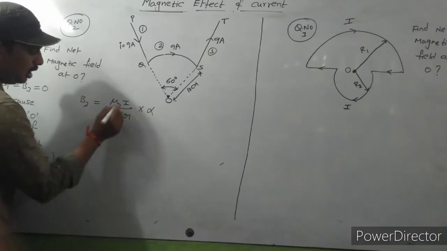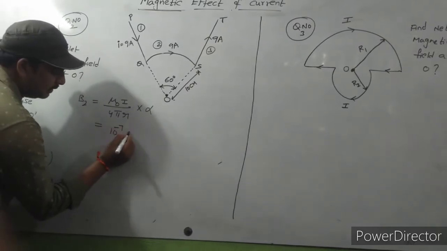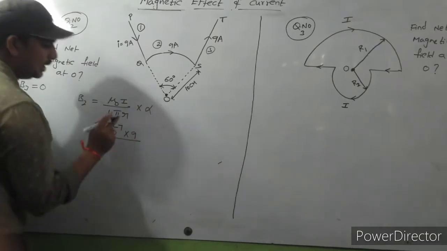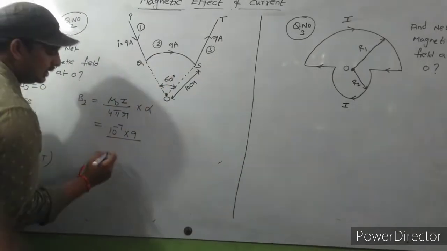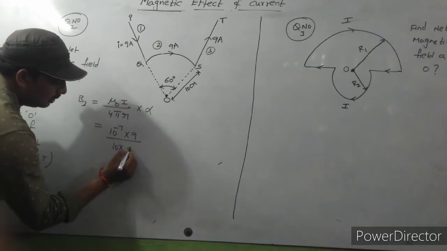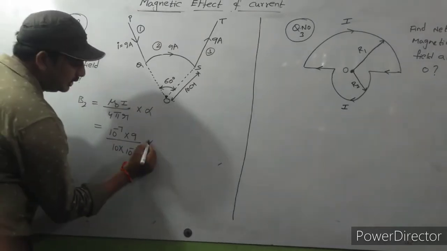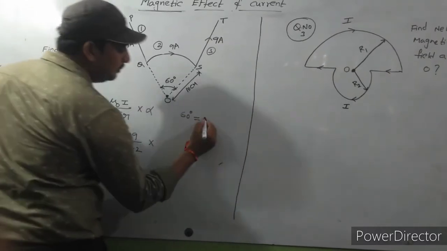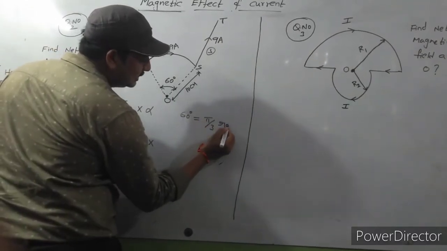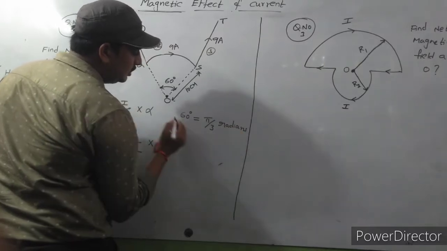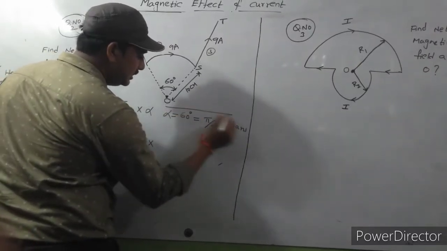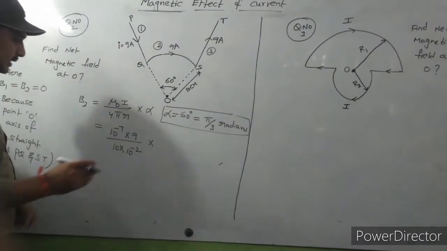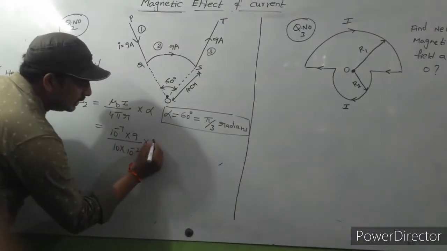Mu naught by 4 pi means 10 power minus 7, into I value, 9 amp, by R value, 10 centimeter, that means 10 into 10 power minus 2. Alpha value is 60 degrees, which is equal to pi by 3 radians. Alpha value must be taken in radians.